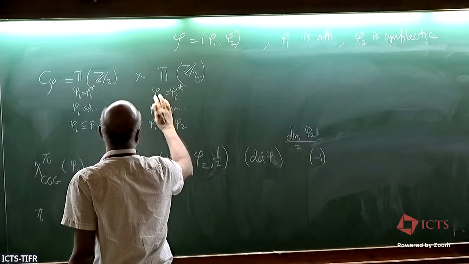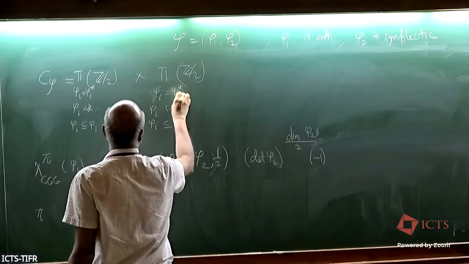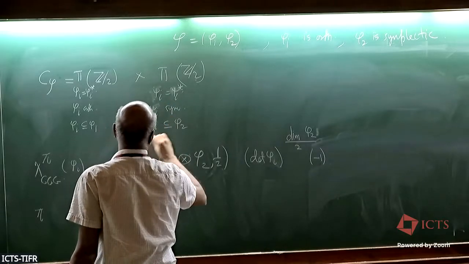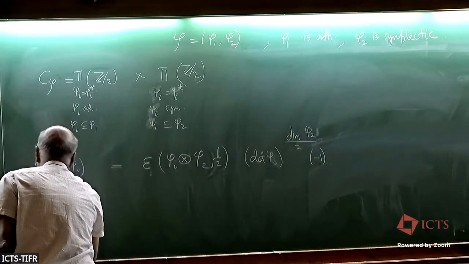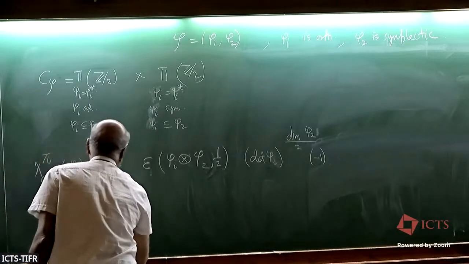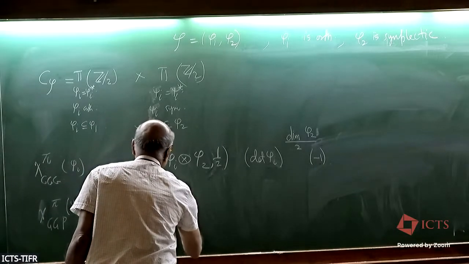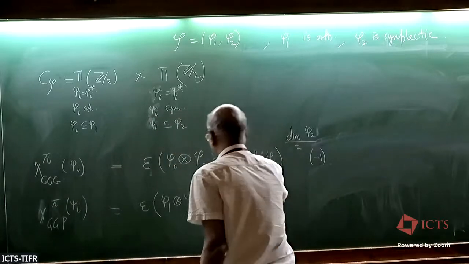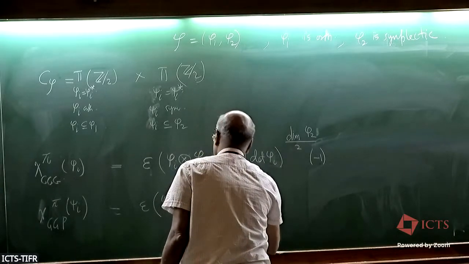I should have made some slight differences here. Sorry. Okay. And chi GGP phi of psi I is equal to epsilon of P1 tensor psi I. Again, it's a very similar recipe times determinant.